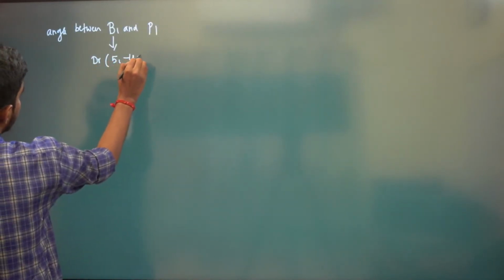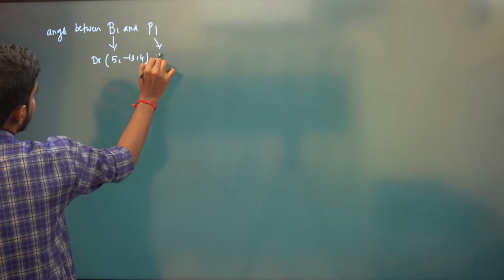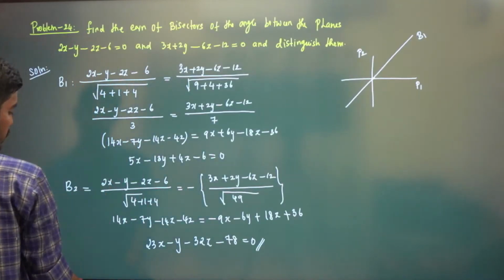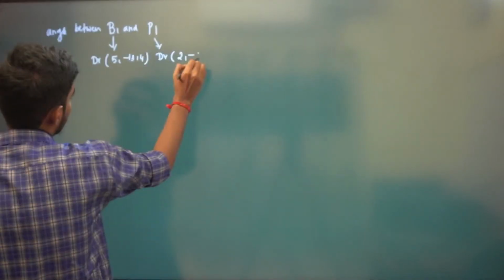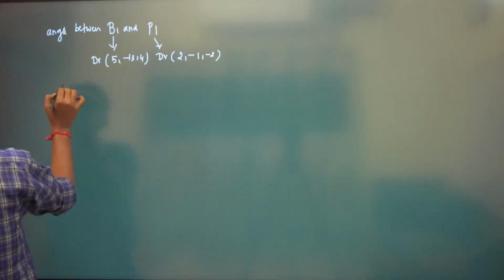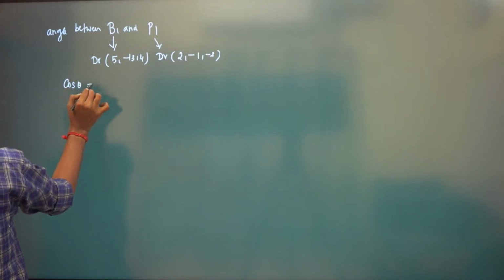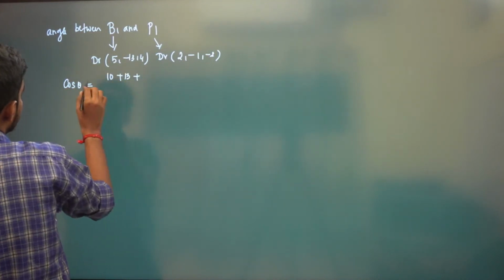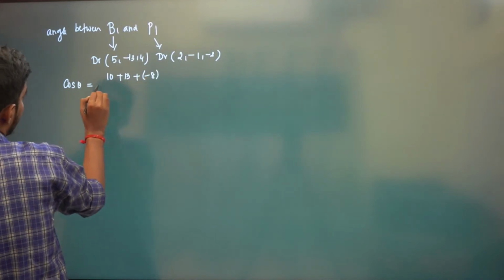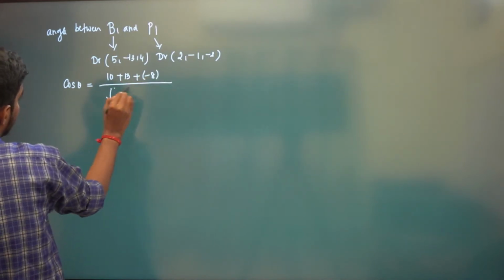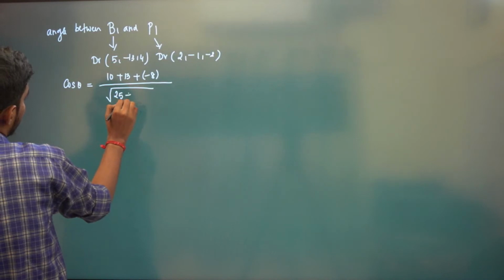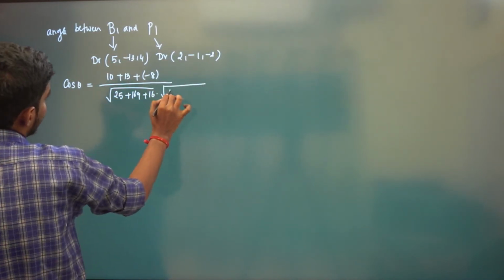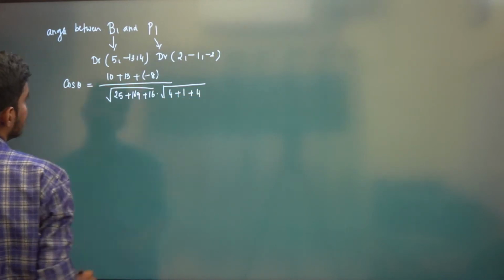Now what is the direction ratio of the first plane? Direction ratio of the first plane is 2, minus 1, minus 2. So find cos theta: A1 A2 plus B1 B2 plus C1 C2 divided by root of A square plus B square plus C square into root of A square plus B square plus C square.